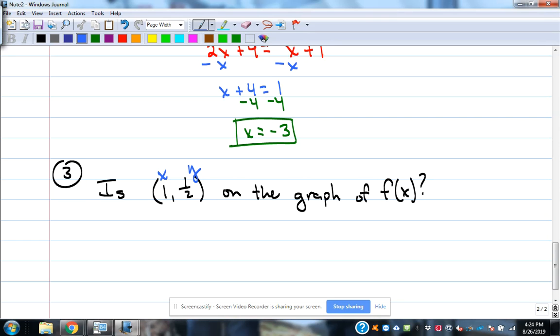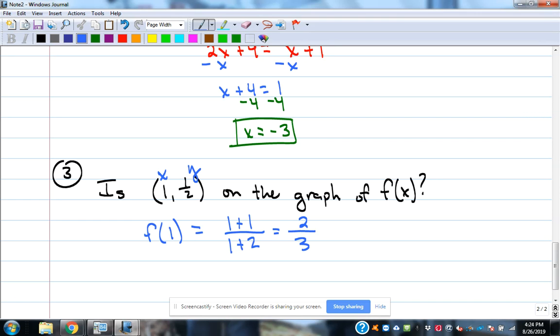If it's on the graph, what that means is if I plug in 1 for x into that problem, if I get 1/2 back, it's on the graph. If I get anything else, it's not. 1 plus 1 is 2. 1 plus 2 is 3. This says that for this function, when I plug in 1, I get 2/3, not 1/2.